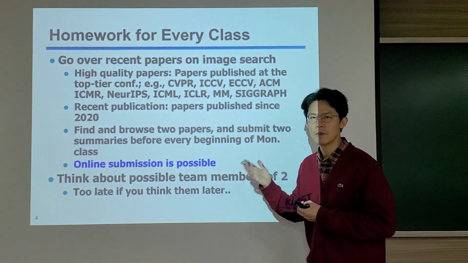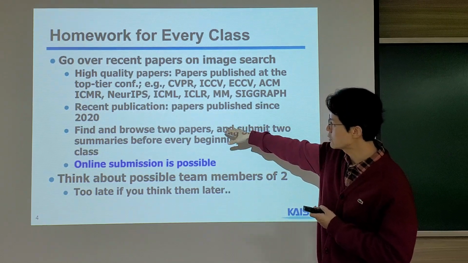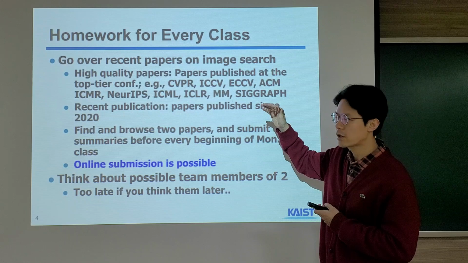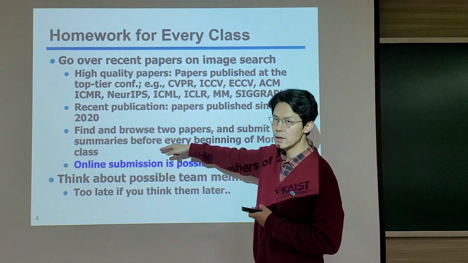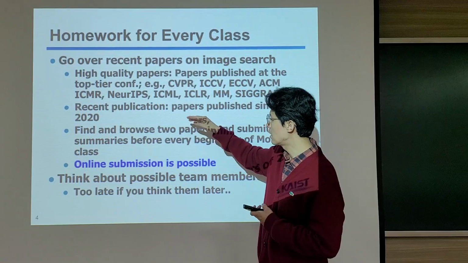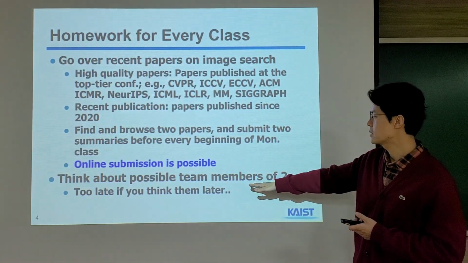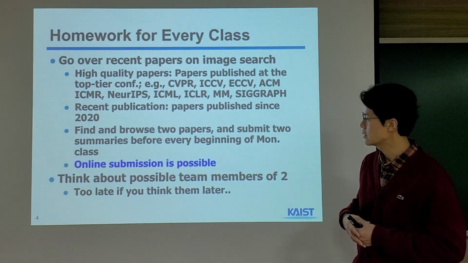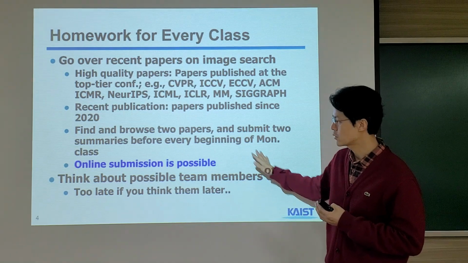So next Monday, if you come to the class, please browse 2 papers and submit the summaries. You can submit the summaries at the online link available at the course homepage. Also, think about possible team members. It may be too late if you think about them later. So next Monday, when we get together, we'll talk about the actual team members.